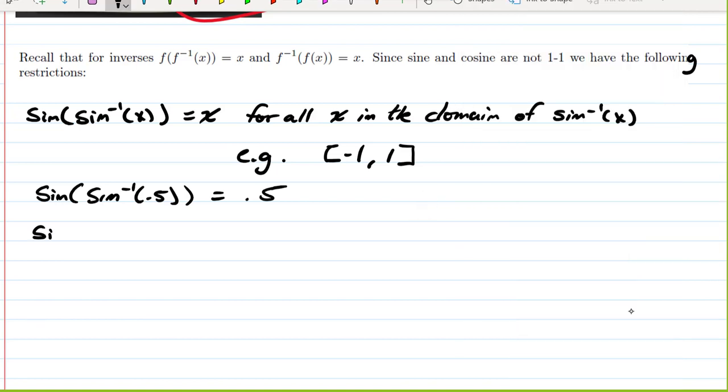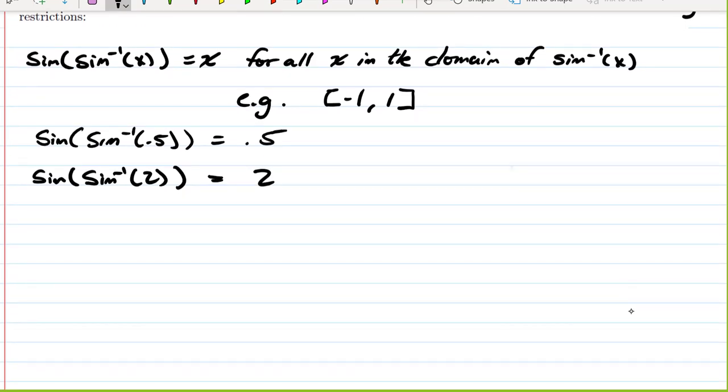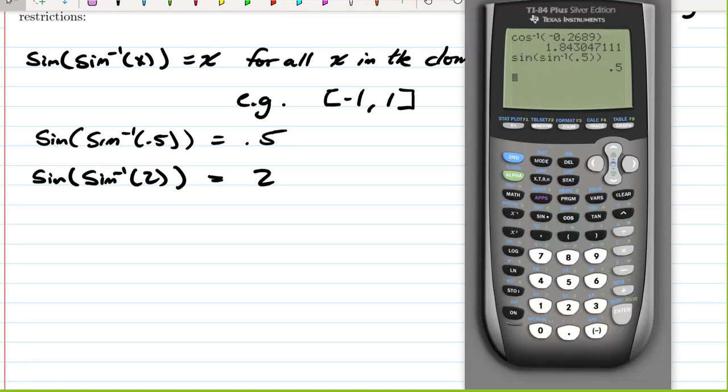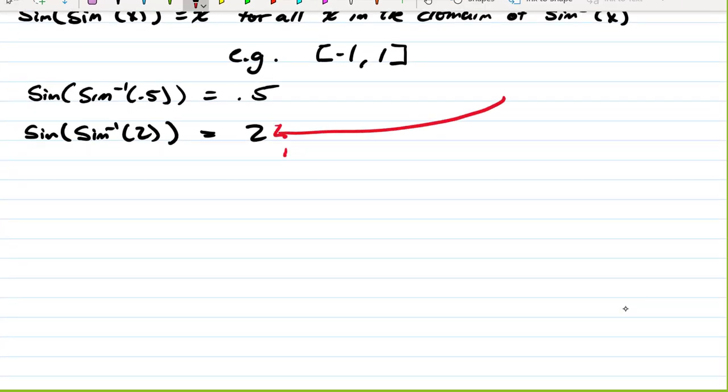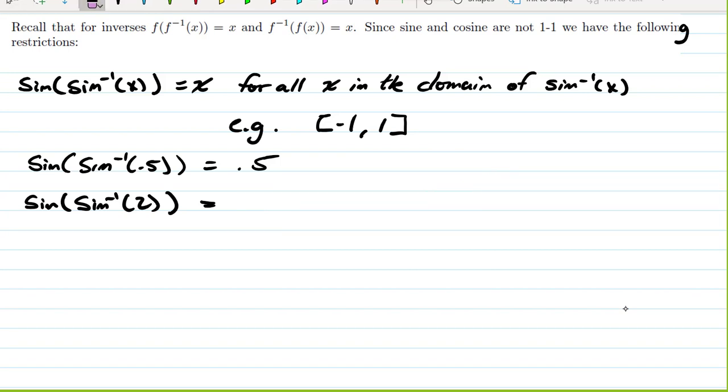But if I had something, for instance, sine of the sine inverse of 2, we might erroneously believe, oh, sine and sine inverse cancel and we get 2. But if I try that on my calculator, it's going to tell me error domain. This is because it is not equal to 2. 2 is not in the domain.